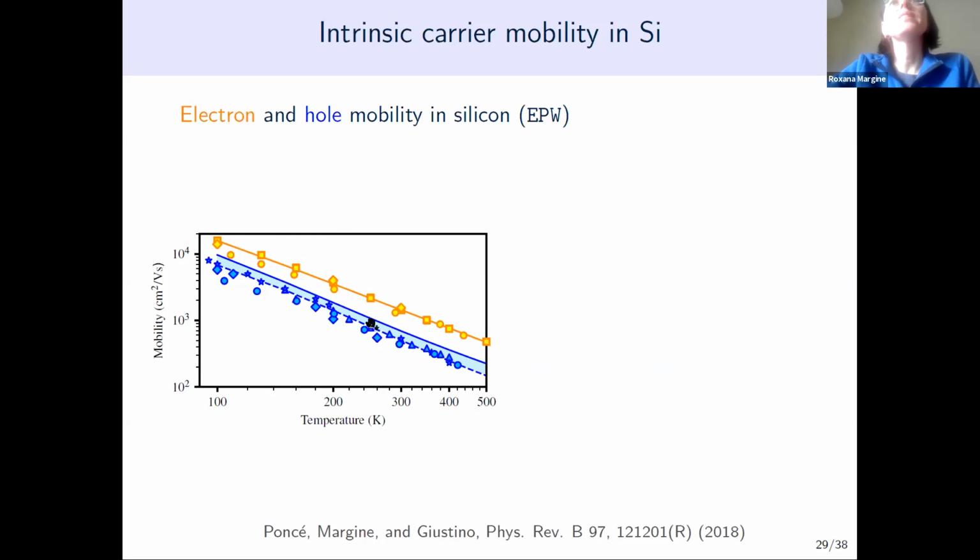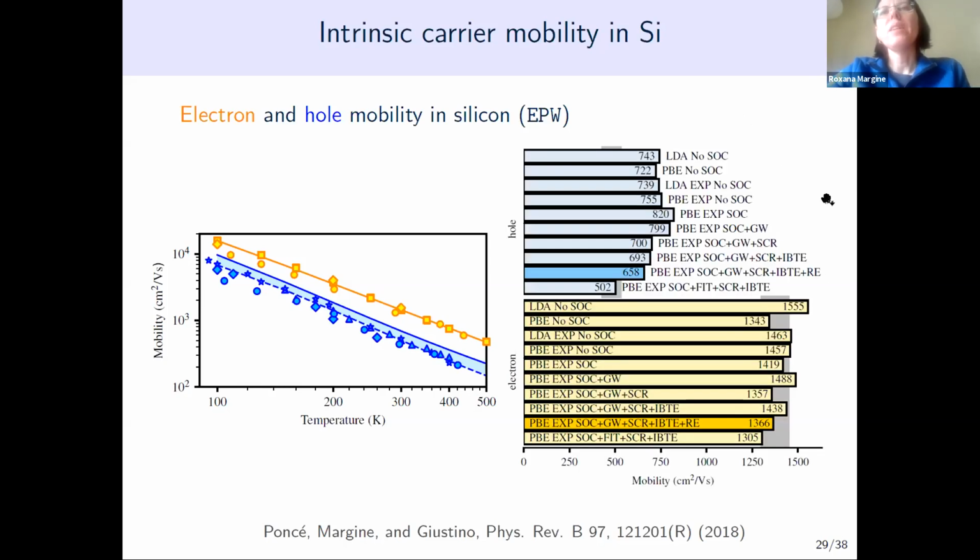The reason for this is very specific to the case of silicon. It turns out that one of the effective masses in the valence band is poorly described both by DFT and GW. If we now replace this effective mass by the experimental value, we get this dashed line, which is in very good agreement with experiment.